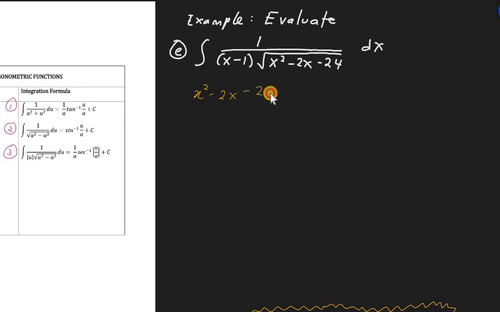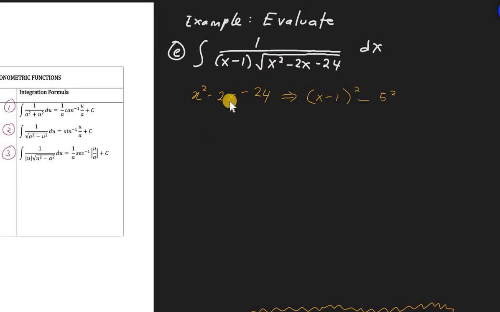Okay. And as you complete the square, you will get it in this format. So you have to get this format. If you can write this in this format, next we can simplify it by setting u to be the variable part, let u be x minus 1.